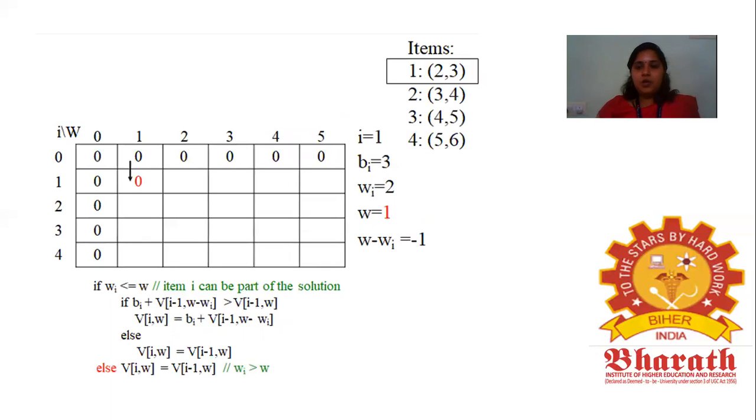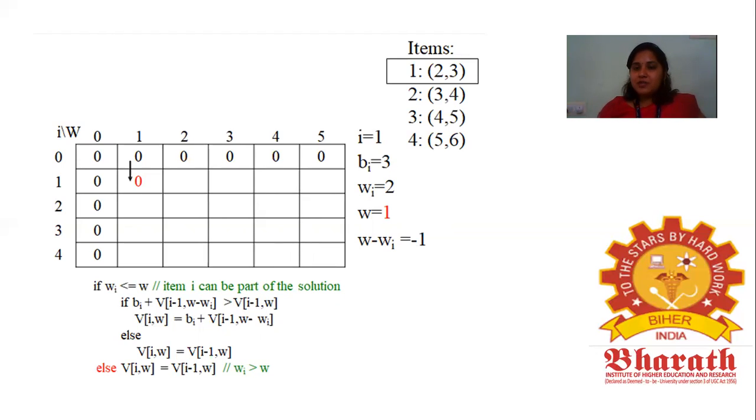Clear? Now we are entering into the major part, which is the second part. I said we have three cases. The first case is making the first row and the first column 0. Next, we are going with the first object with the first weight. Suppose the items are listed above: 1, 2, 3 and 4.